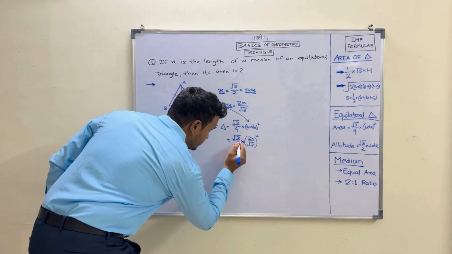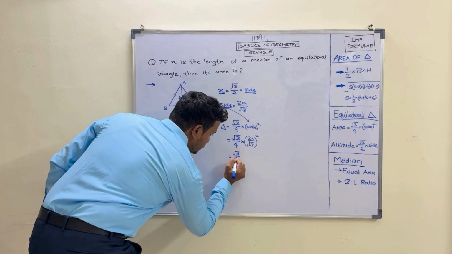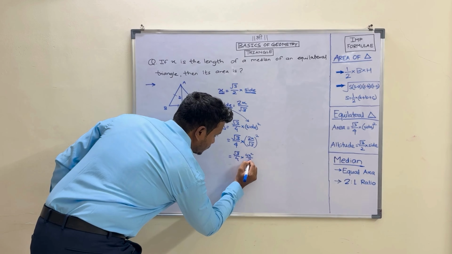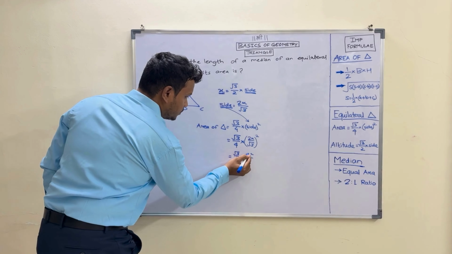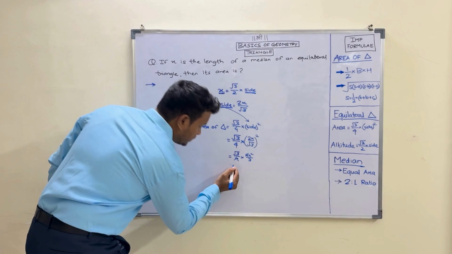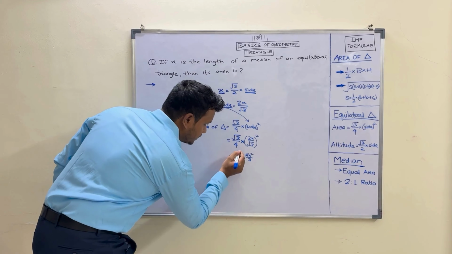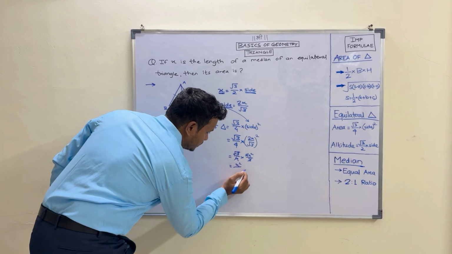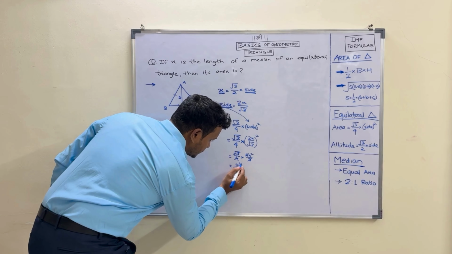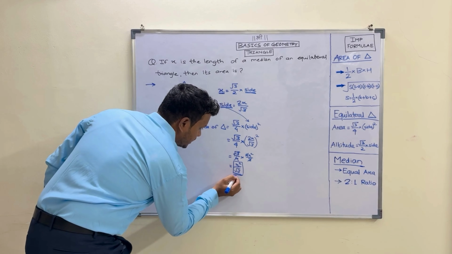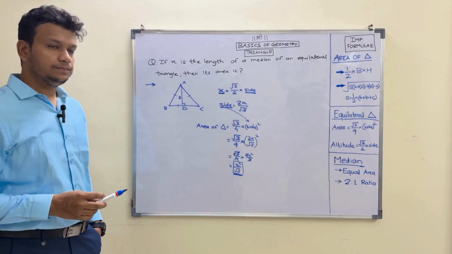If I just do this calculation, here I'll have root 3 by 4 into 4x square upon 3. I'll just cut this 4. So what should be the area of the triangle? It should be x square. I'll just cancel this root 3 with the 3 by root 3. This is my final answer. So this will be the area of this equilateral triangle.